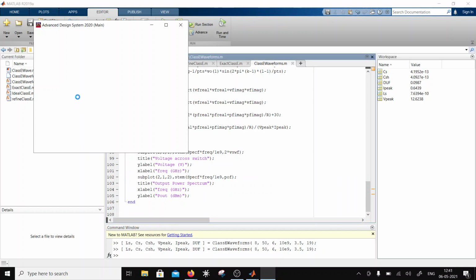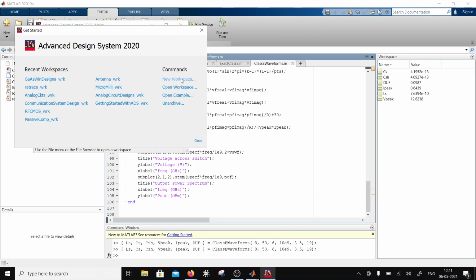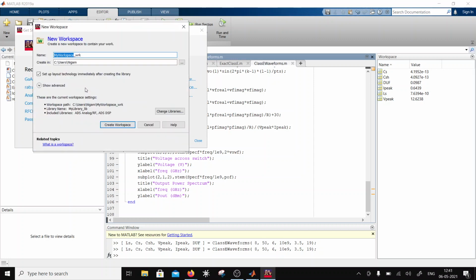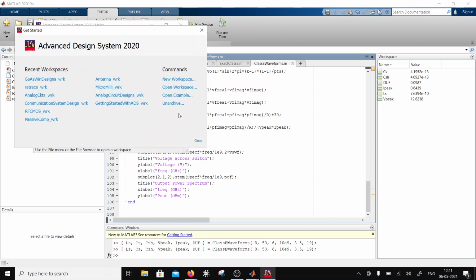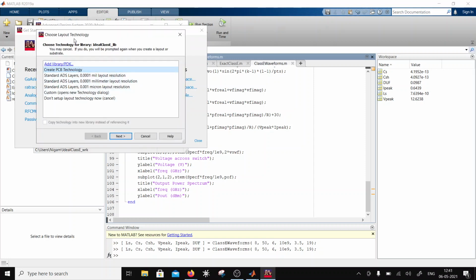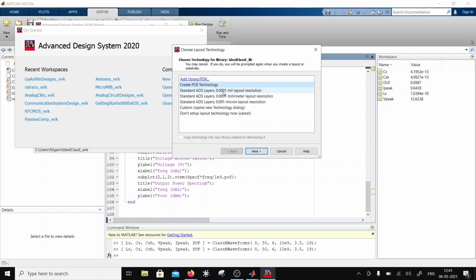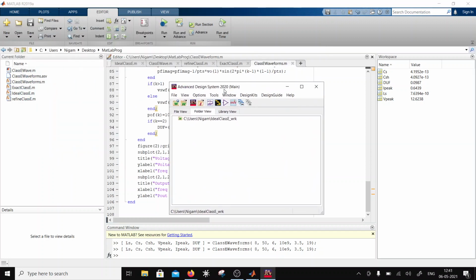I'm going to make a new workspace and call it ideal class E. I'm not going to attach any libraries. Say create workspace. Later I'm going to implement this in the Qorvo or TriQuint process, so I'm going to use microns. That's okay. Finish it. So I have a blank workspace here.